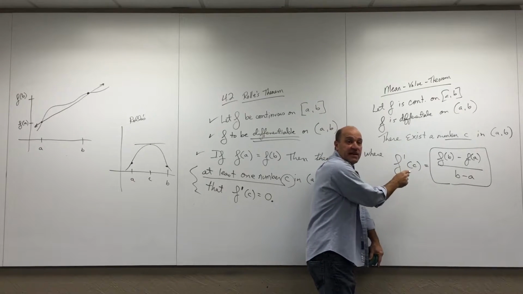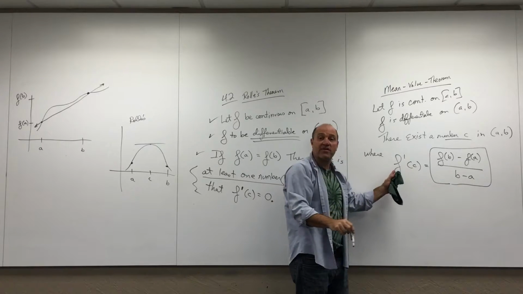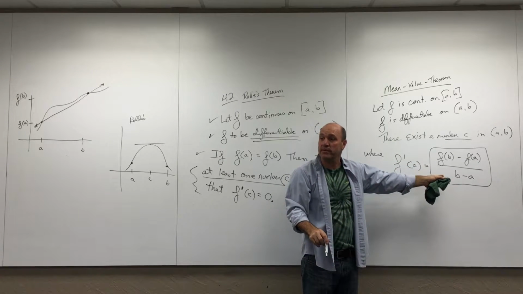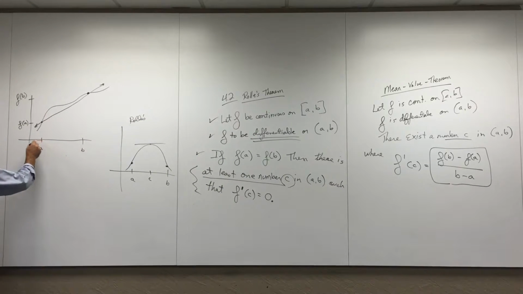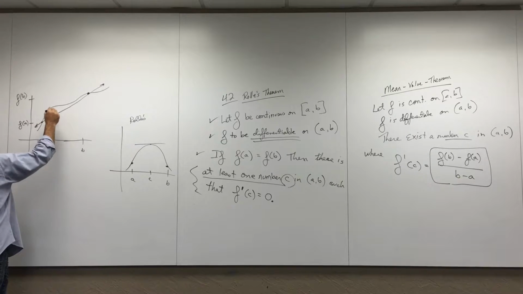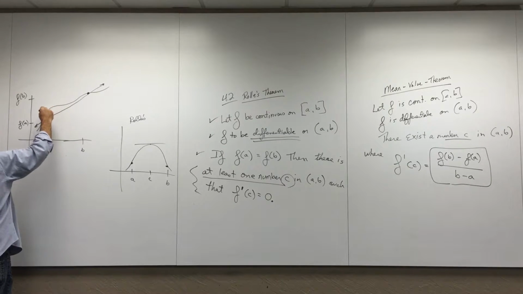Let's look over here and see if that's right. There is a place c where the tangent line has that slope, like maybe here.